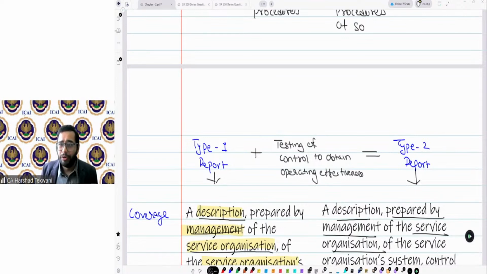Okay. Any doubt till now? Any doubt? Any doubt, guys?